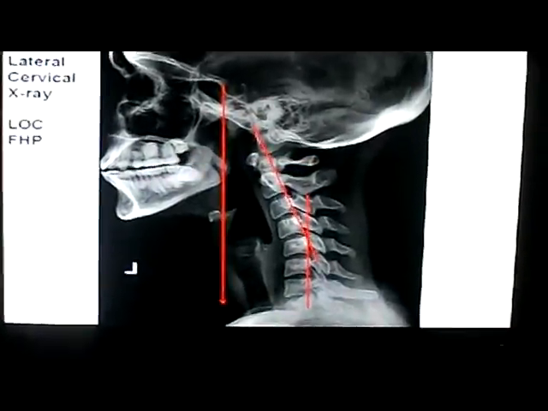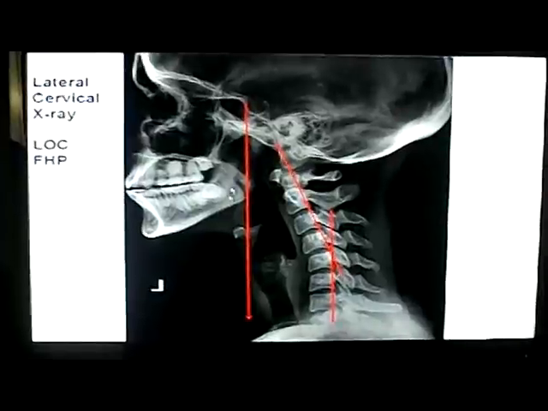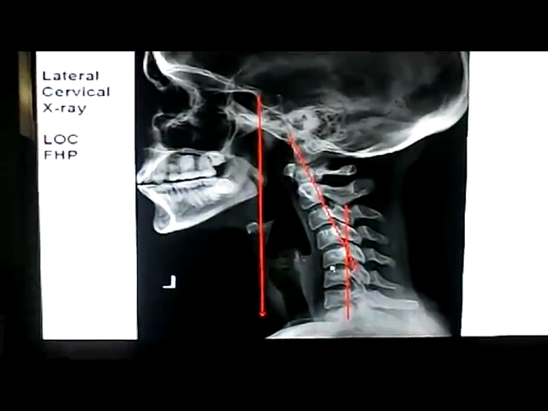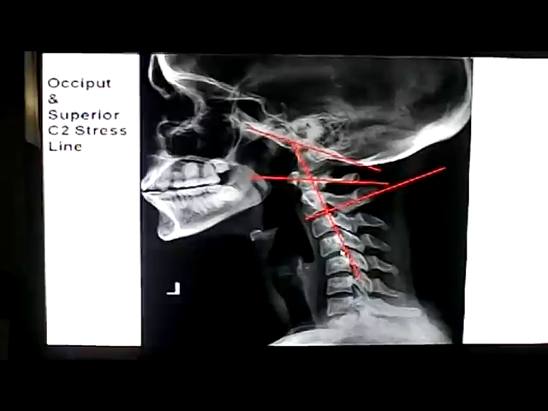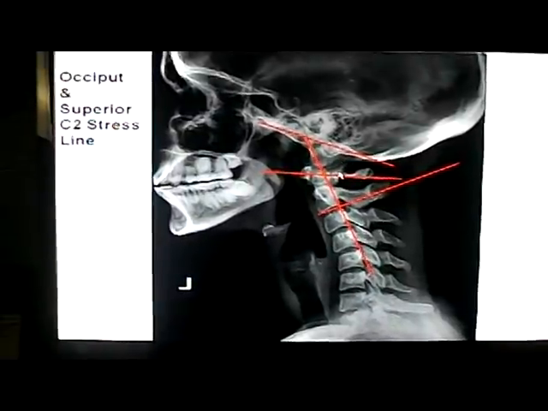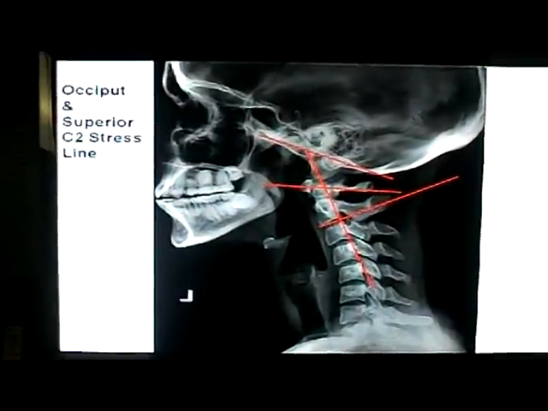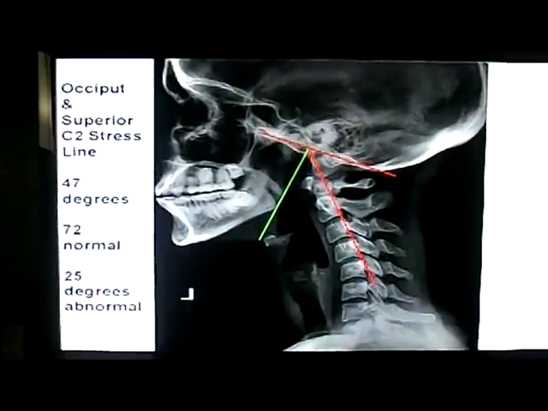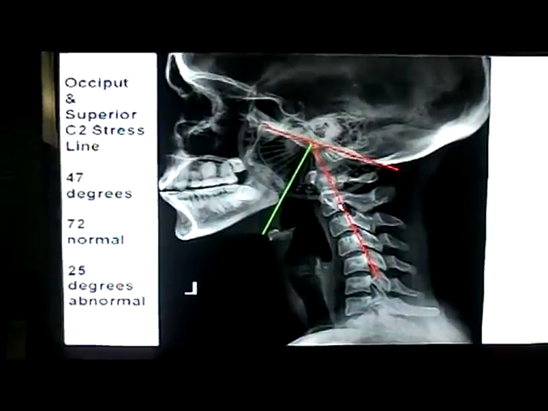What we're going to do is take a look at the lateral cervical x-ray, and at this time I'm not even going to address the forward head posture or the loss of cervical kyphosis. What I want to do is look at the subluxation in regard to the occiput, the atlas, and the axis. Those three areas specifically. Now, when we look at the way the occiput sits in relationship to the axis, this is a superior stress line.